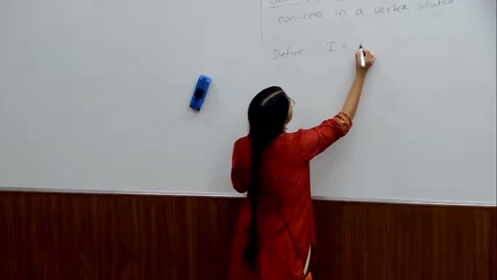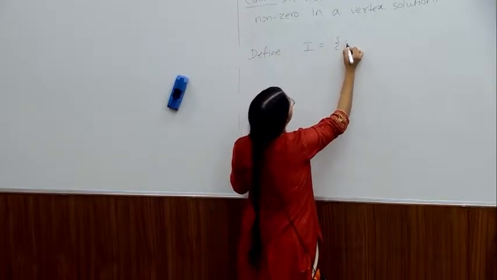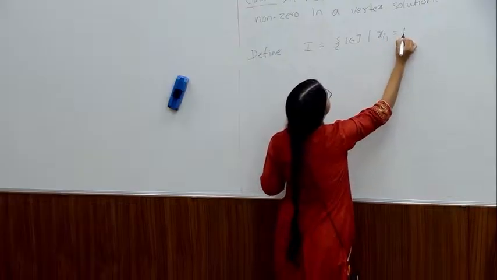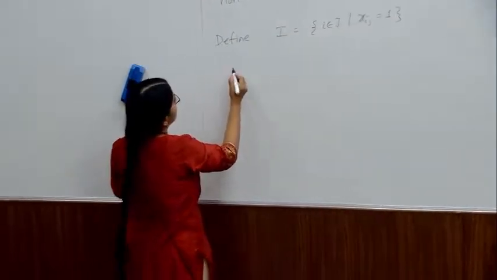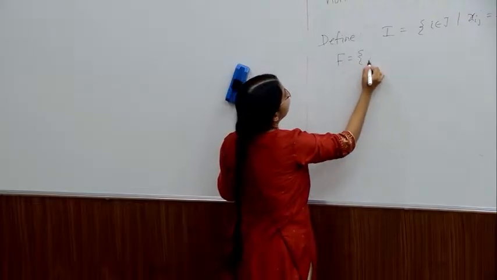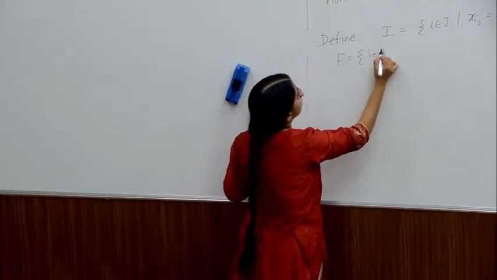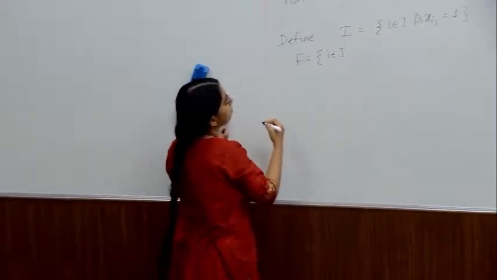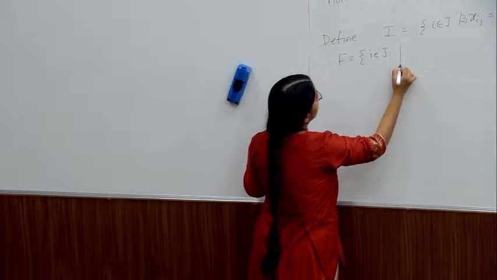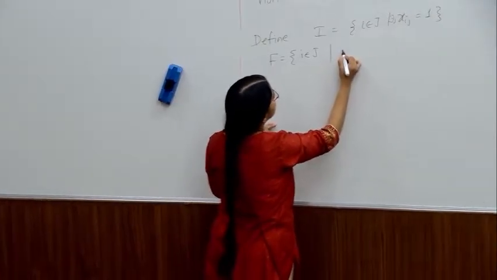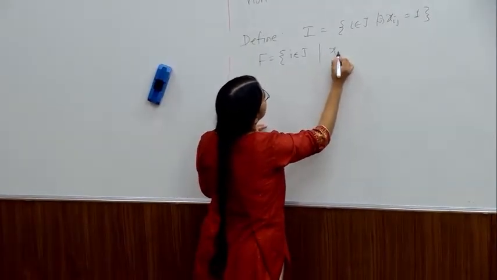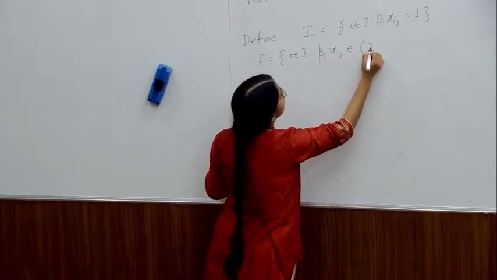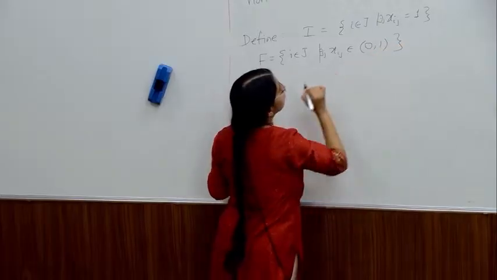Let I be the set of jobs such that xij equals 1 for some i, and let F be the set of jobs such that there exists j such that xij belongs to (0,1).